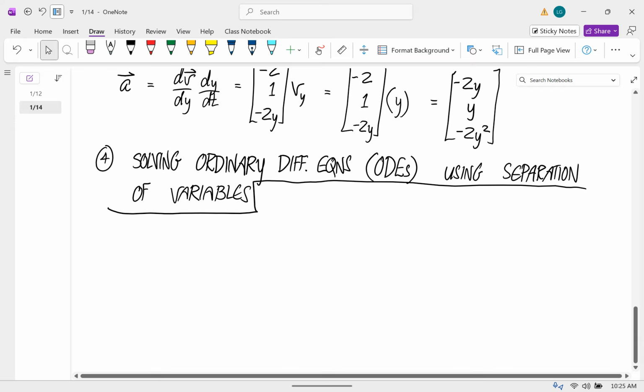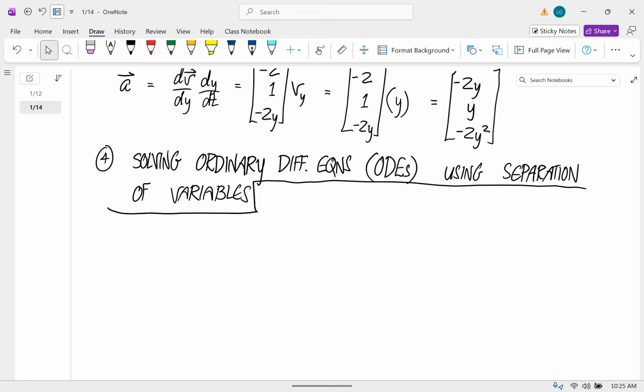In order to solve any differential equation of any type, partial, ordinary, whatever technique you're using, you have to be able to identify what the dependent variables are and what the independent variables are. The dependent variable or variables are the functions you're trying to find.